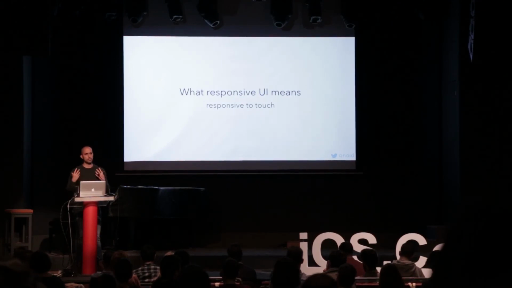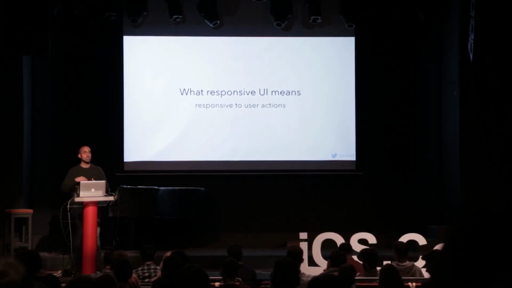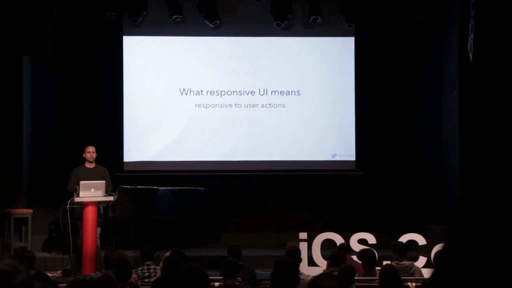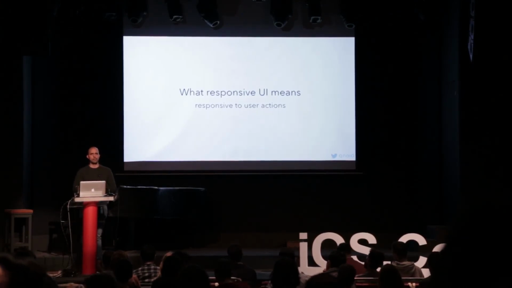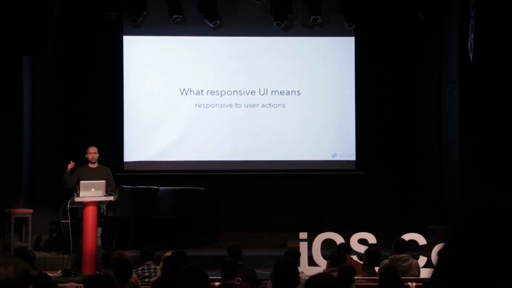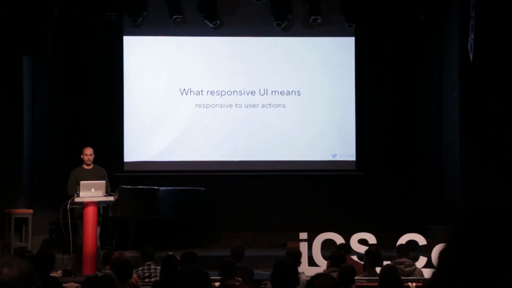So it's all about being responsive to user touch and user input. And it's also about being responsive as a result of a user action. So for example, when the user, let's say, taps to log in, you want to be as fast as possible going to the next screen. You don't want the user to just sit there and wait, okay?